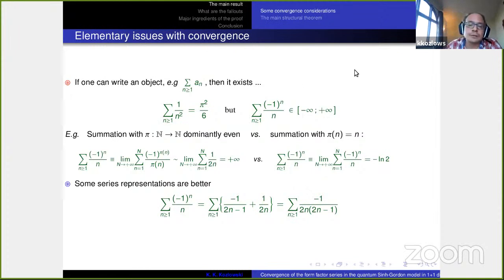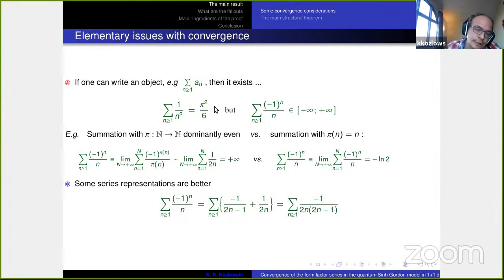Of course, if a_n is just 1/n squared, then there's no problem with summability, and one always gets pi squared over 6. But as soon as one ends up with non-absolutely convergent series, like (-1)^n over n, then depending on how one sums, even though one can give some sense to the summation, one can get more or less any result.